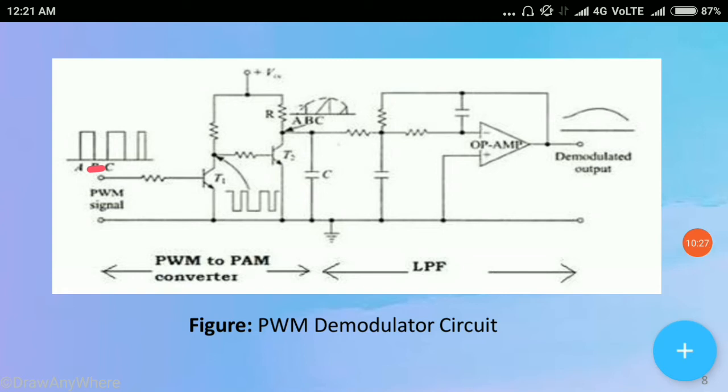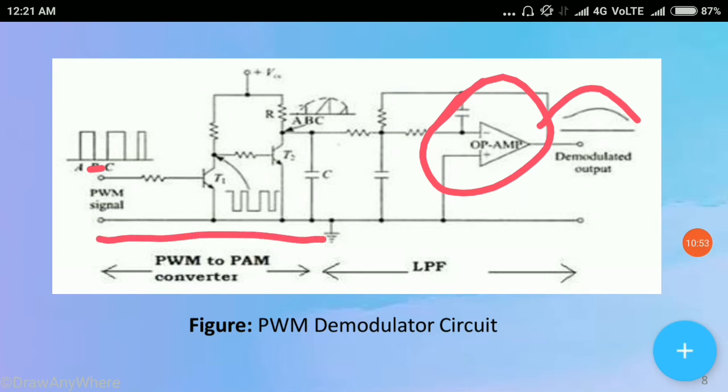Now when this signal is passed through a second order op amp, you see here the op amp, and it acts as a low pass filter, we get the desired demodulated output. You see this output is coming here. This is the actual modulating signal or your message signal.